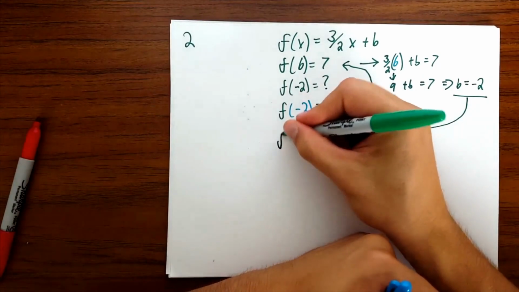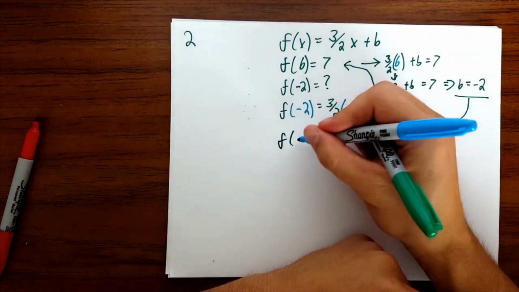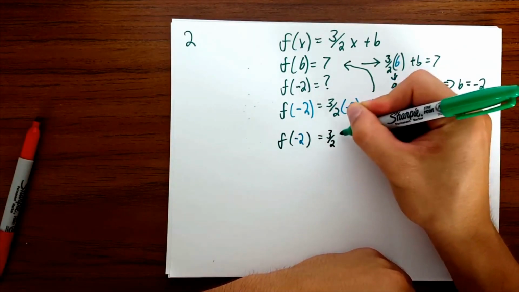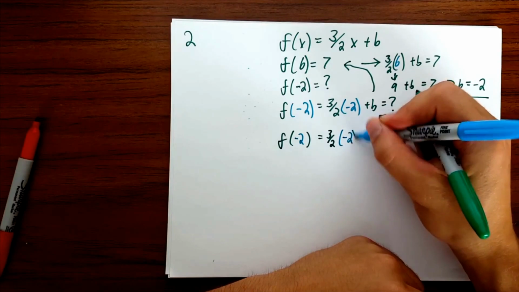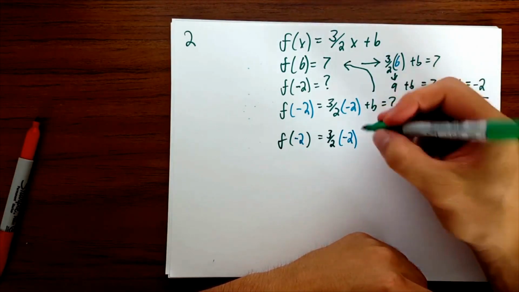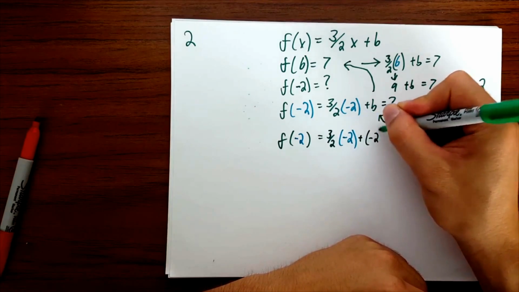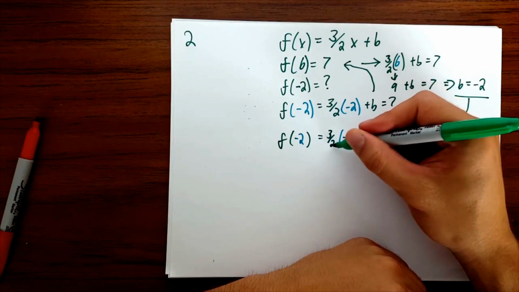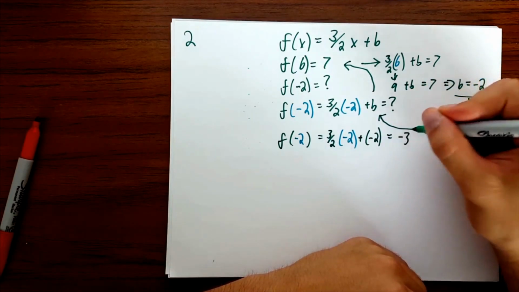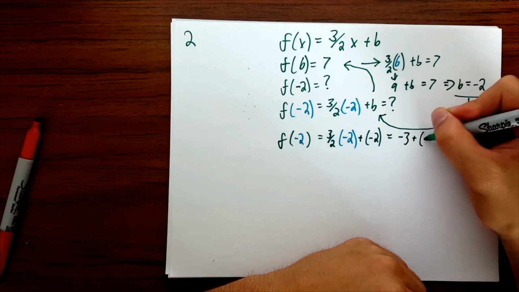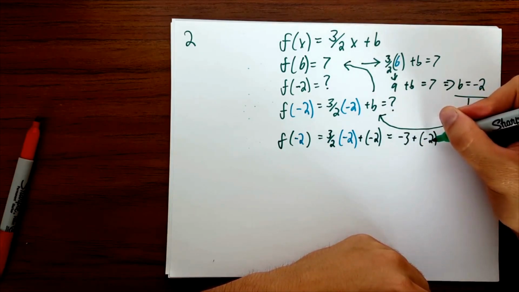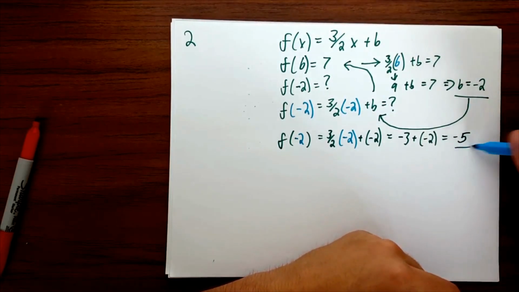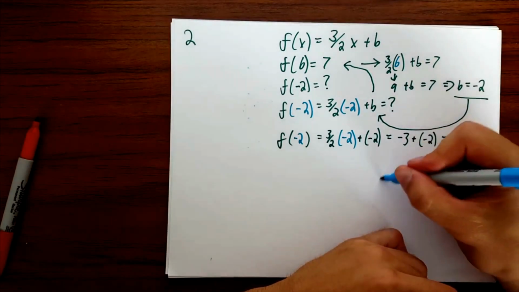So f of negative 2 equals 3/2 of negative 2, and then plus b, which is minus 2. Now 3 times negative 2 is negative 6, divided by 2 is negative 3, then plus minus 2. So minus 3 plus minus 2 is minus 5. That's the answer, and that is answer A.